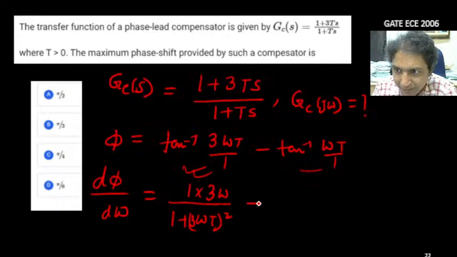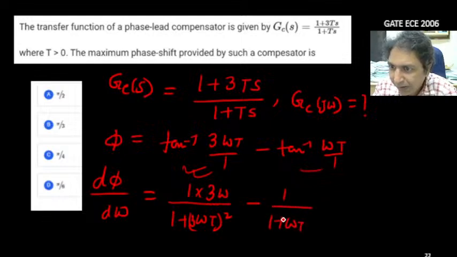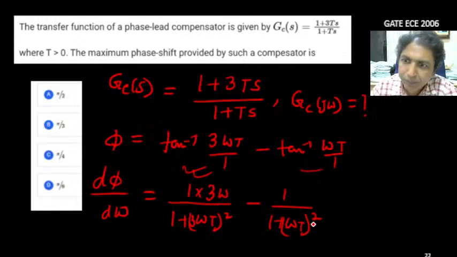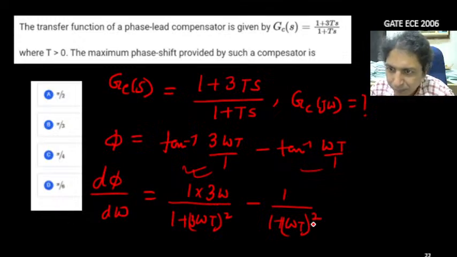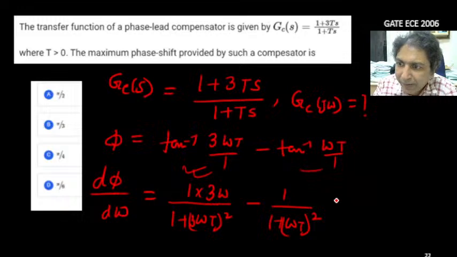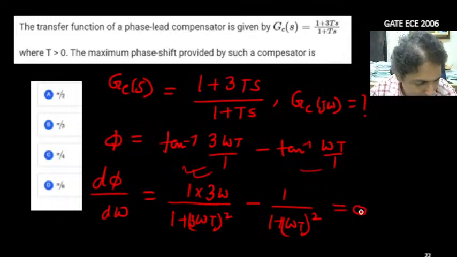Minus tan inverse omega T, again its derivative will be 1 upon 1 plus (omega T) square, and that you should make 0 for maximum or minimum.